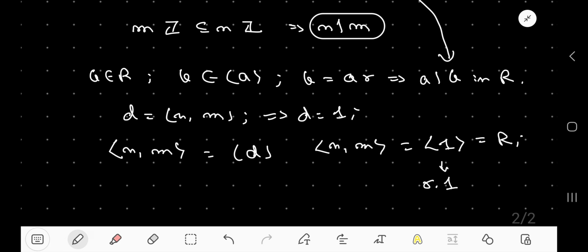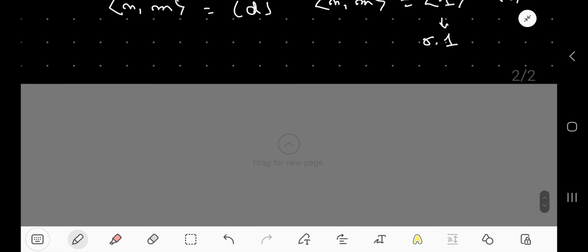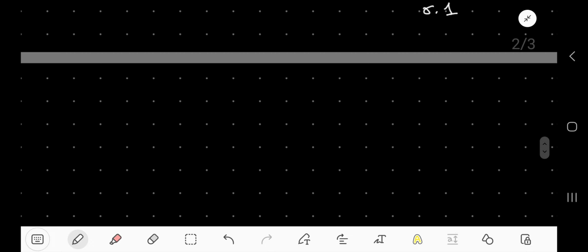But by definition, 1 is in R, so the ideal generated by 1 is also contained in R. So we have a both-sided inclusion, and hence they must be equal. In fact, we can say something more: any ideal which contains a unit must be equal to R, and this is an if and only if statement.